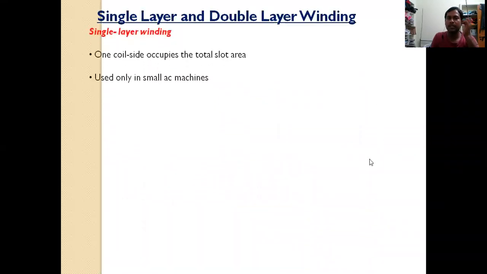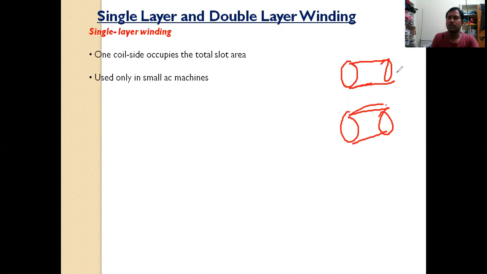Single layer winding is nothing but simply one coil side occupying the total slot area, and we generally use it in small machines. For example, these are two machines of the same size. This one has single layer winding, and this one has double layer winding.